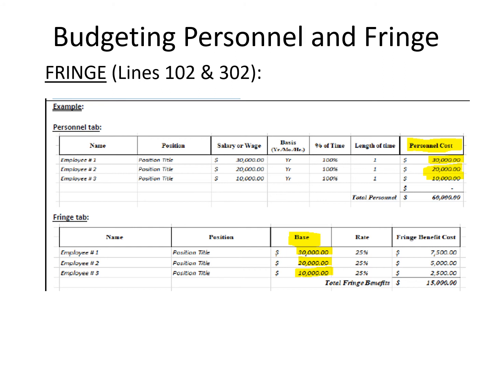So in this example, employee 1 has a final personnel cost of $30,000 from the personnel tab. That amount would be carried over to the fringe tab and placed in the base column, and then the average rate that you've calculated will be applied to that to determine the final fringe benefit cost for that employee. That same approach would be taken for all employees that you've included on the tab.